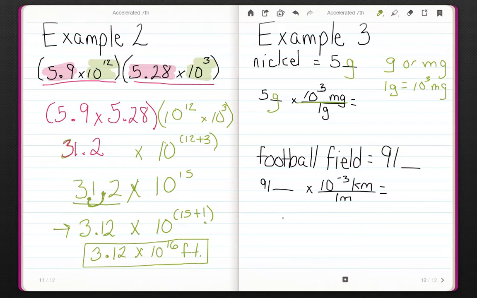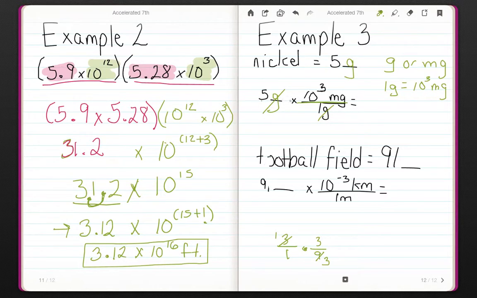Just like we can cross cancel, if I have 3 over 1 times 3 over 9, I can cross cancel. Just like I can cross cancel numbers, I can cross cancel units. So I can cancel my grams so that the only units left are milligrams.